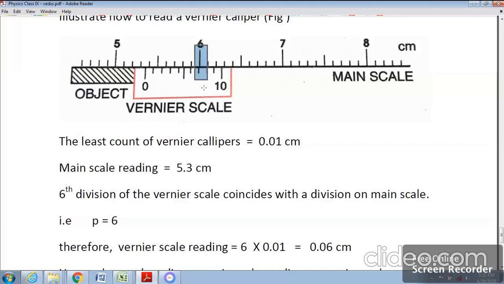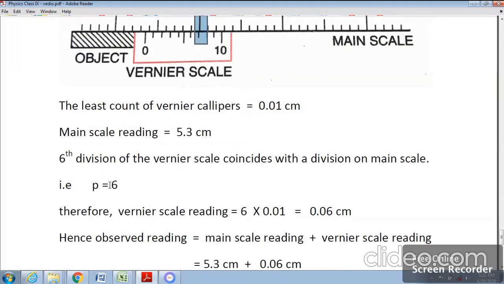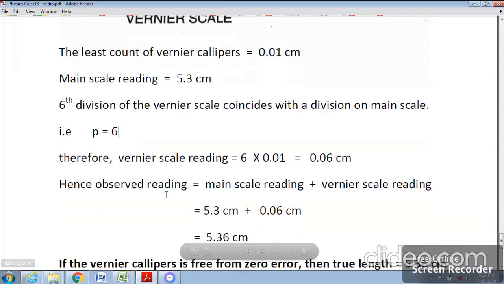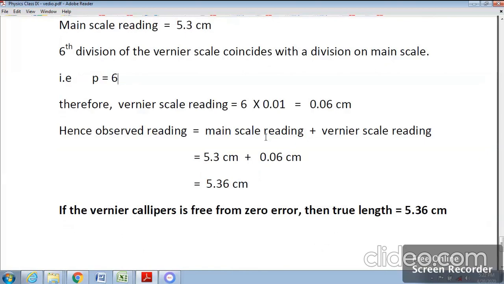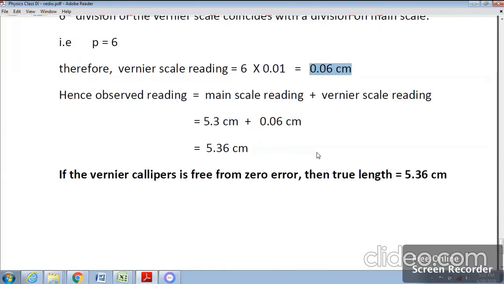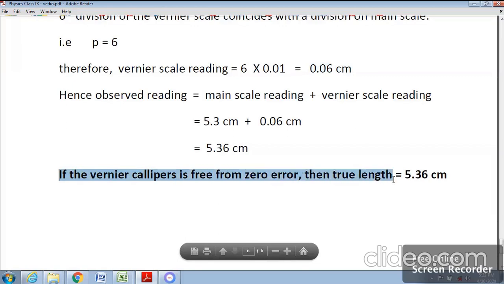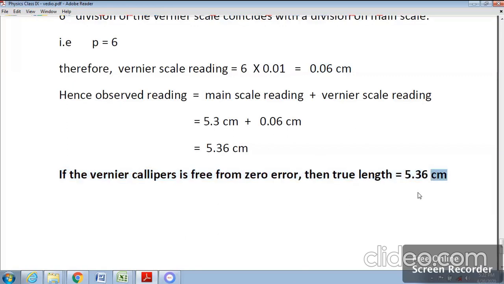Therefore, the vernier scale reading is 6 into least count, which is 0.06 centimeter. Hence, the observed reading is main scale reading plus vernier scale reading. Main scale was 5.3 centimeter and vernier scale is 0.06 centimeter. So, calculated to the second decimal place in centimeter, the answer is 5.36 centimeter.